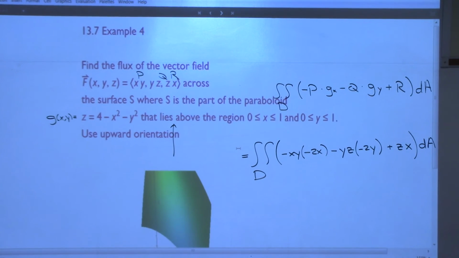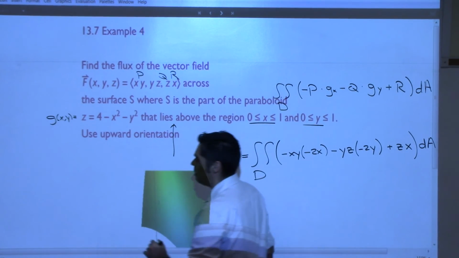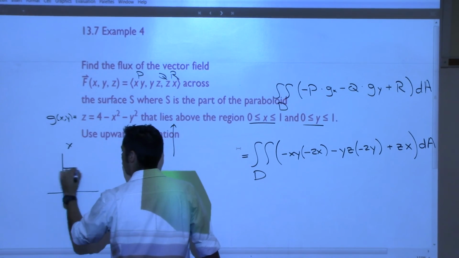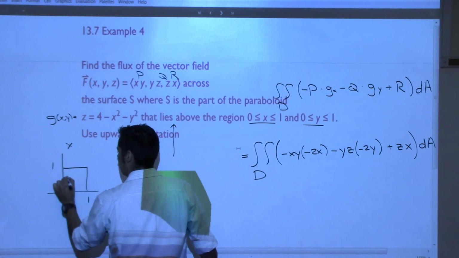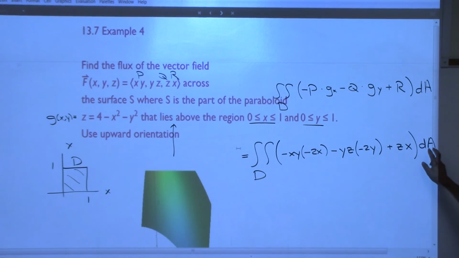Now, my region D on the ground is given to me by this restriction. So I knew that on the ground, xy, I was inside this box, right? That's D. So I'm going to have dx dy or dy dx. It won't matter, right? Do we plug in 4 minus x squared minus y squared?